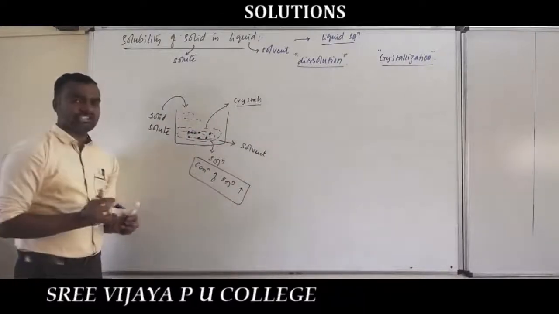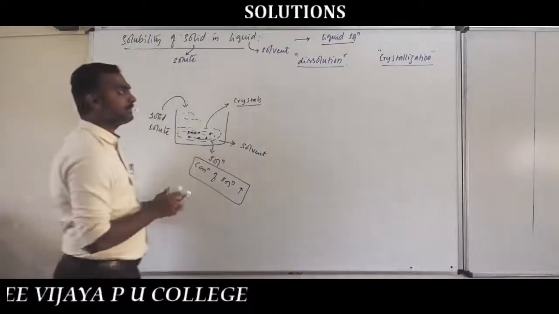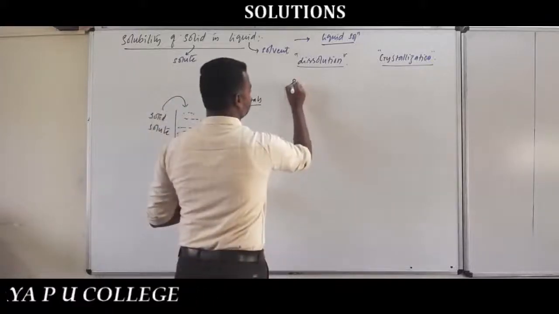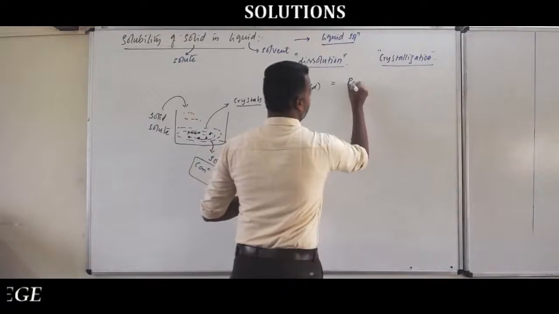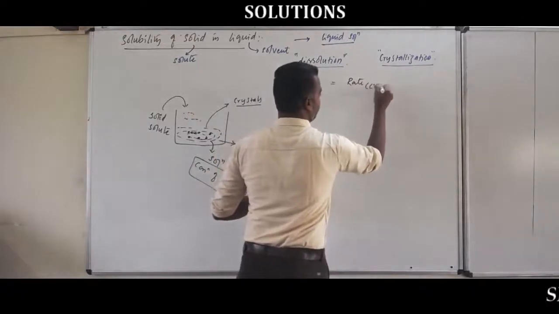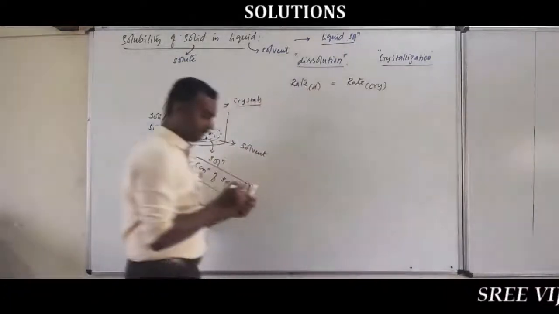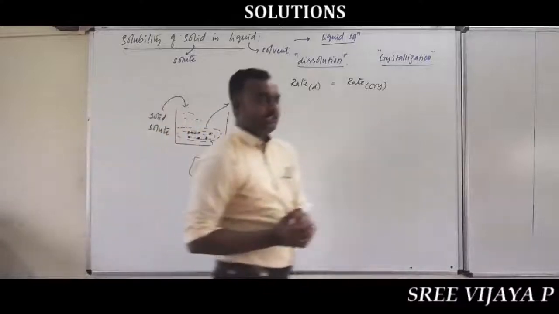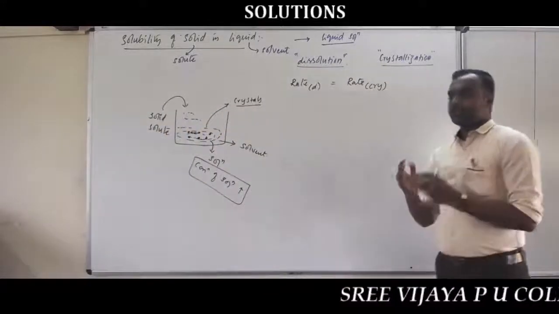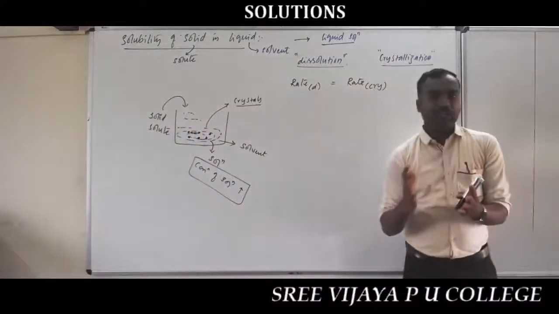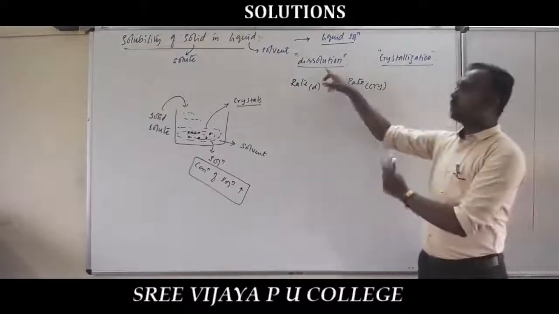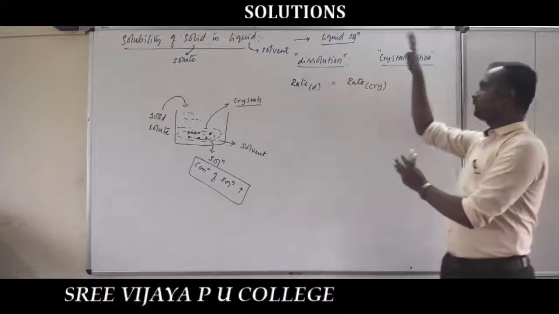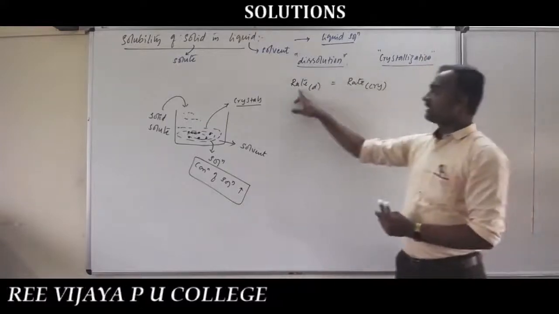At a certain stage, the rate of dissolution becomes equal to the rate of crystallization. We know from the equilibrium chapter that when the rates of two opposing processes are equal, the process attains equilibrium. Similarly here there are two opposing processes, one is dissolution and one is crystallization. What is the rate of dissolution?